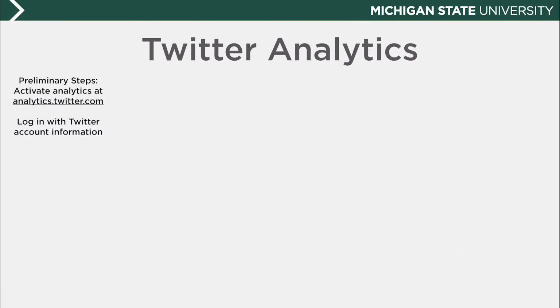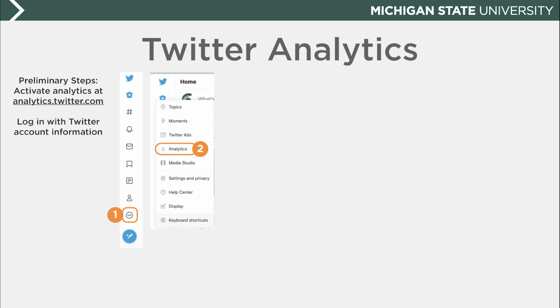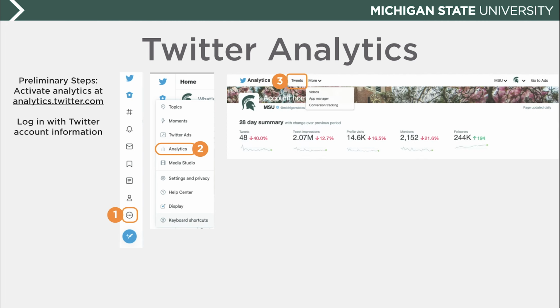On Twitter, you have to first activate analytics on your account if you haven't already done so. To do that, visit analytics.twitter.com and log in with your Twitter account. That will activate the ability to pull analytics. Once that's on, you will choose the 3-dot additional menu options icon, and then analytics from the menu that appears.